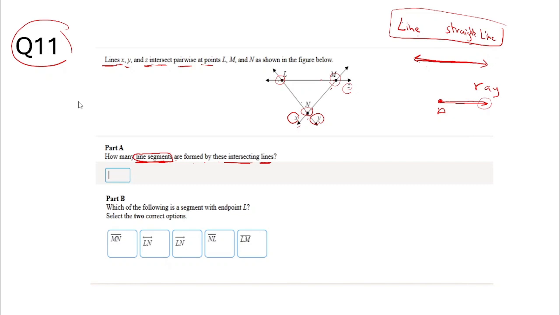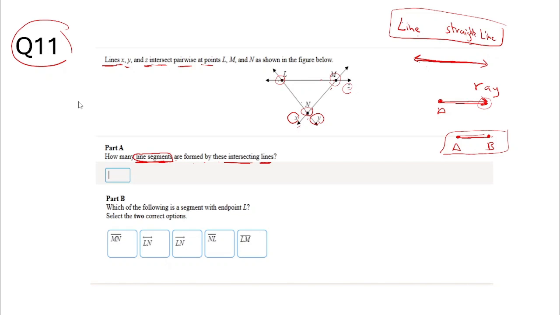For a line segment, it's a line but having two endpoints, A and B. There is no arrowhead in the line segment. So the line segment has two endpoints.